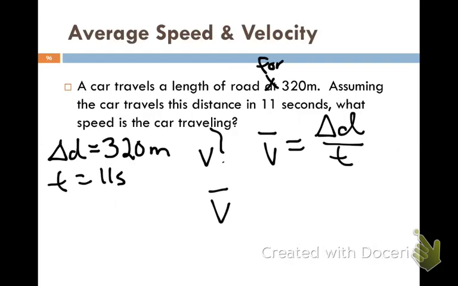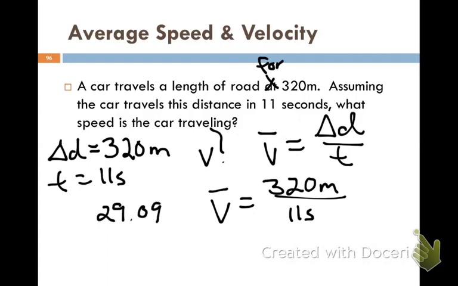So our average velocity is going to equal 320 meters divided by 11 seconds. And if you use your calculator, we are going to get an answer of 29.09 meters per second. So the idea is that for every second, this car traveled on average about 29 meters. All right, so there's an example.